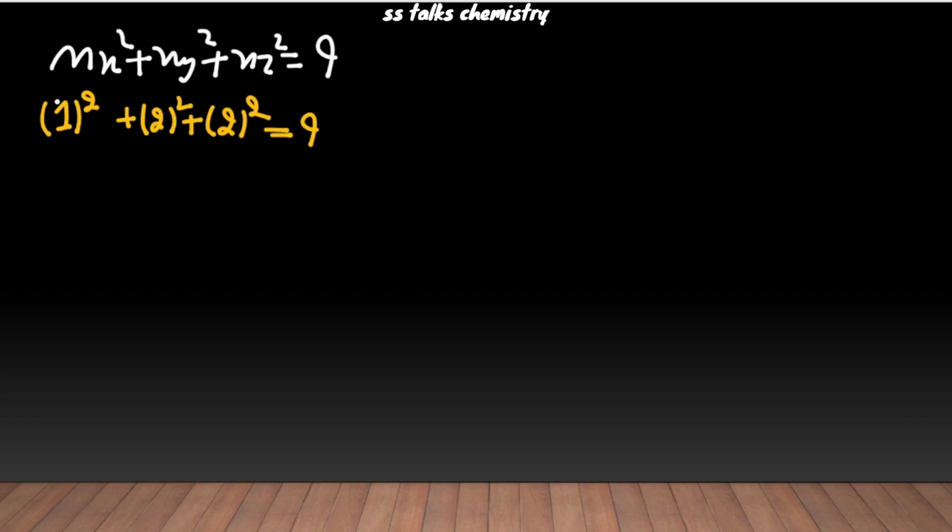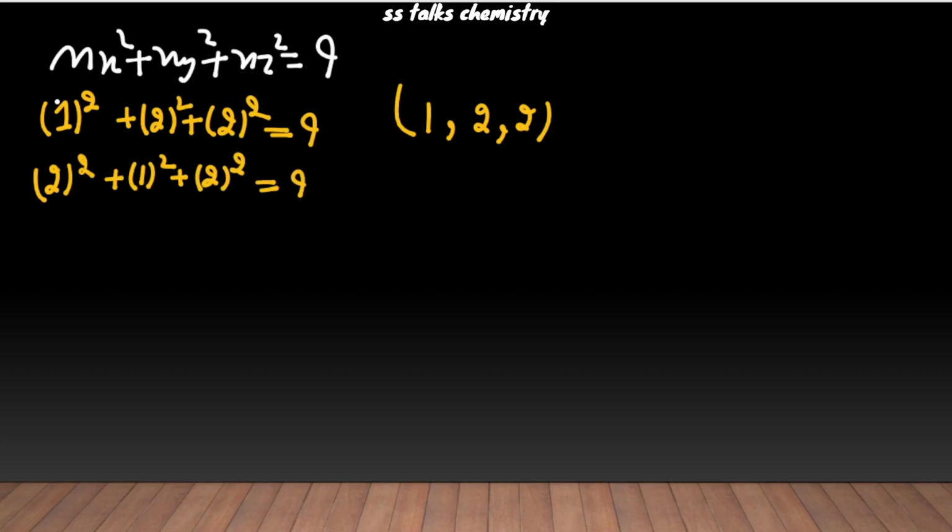So the first level that is possible is 1, 2 and 2, right? Next, if you take this value as 2, this value you keep as 1, and this again you keep as 2, again it is going to be 9. That means the energy level possible is 2, 1 and 2, right?